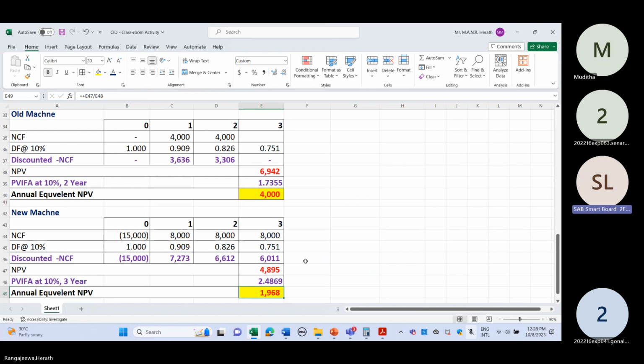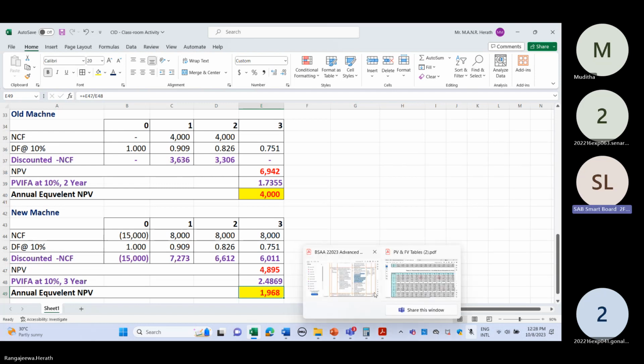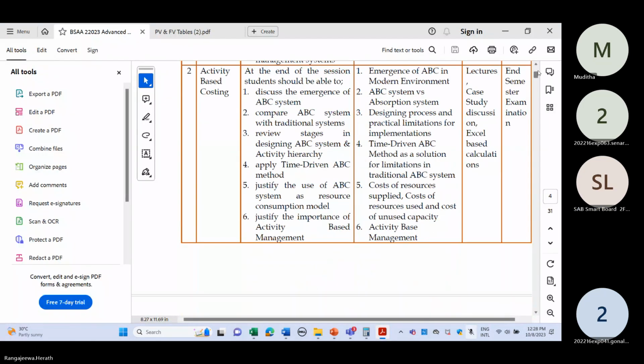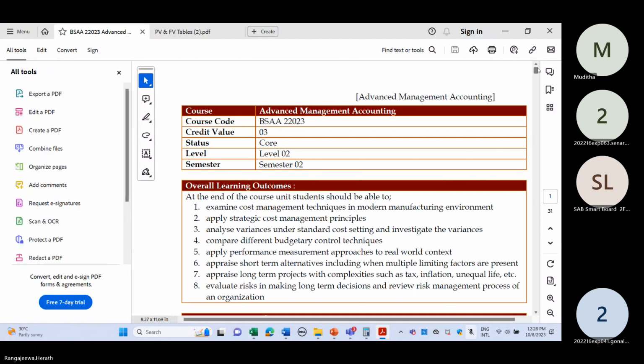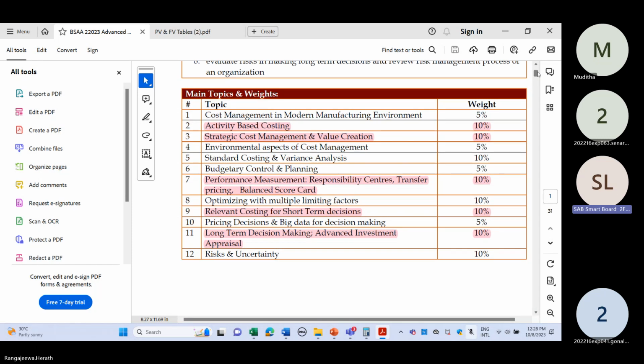Right. Our main topic is standard costing and variance.